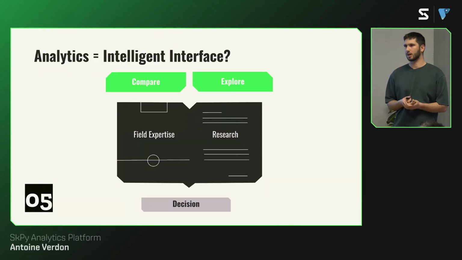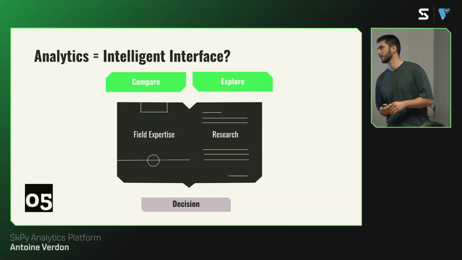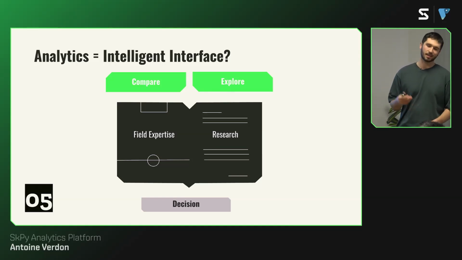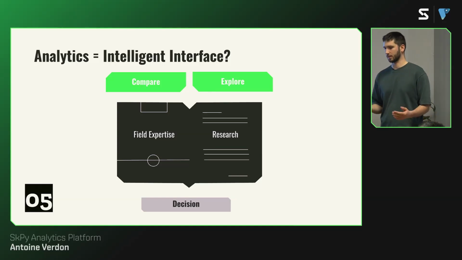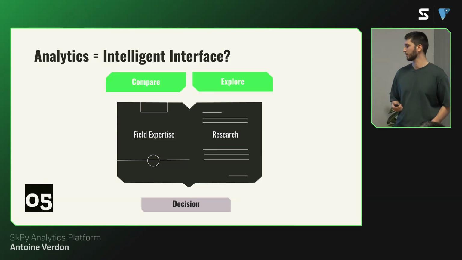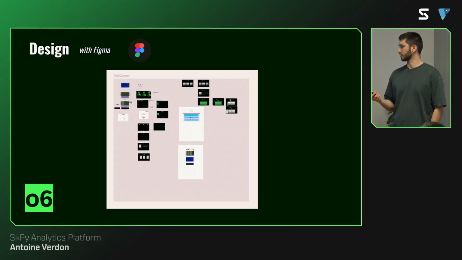So how do we create those charts? It's always a discussion between field expertise and research. You must make the best mix of both, to take a decision that adapts. What is my process?